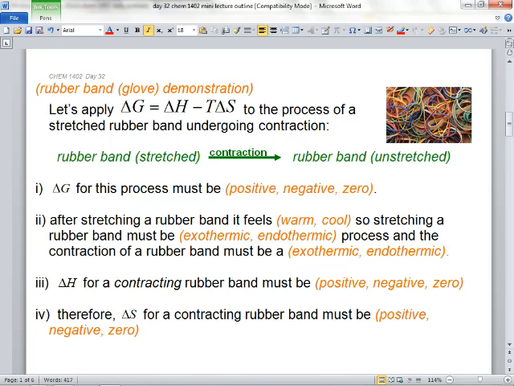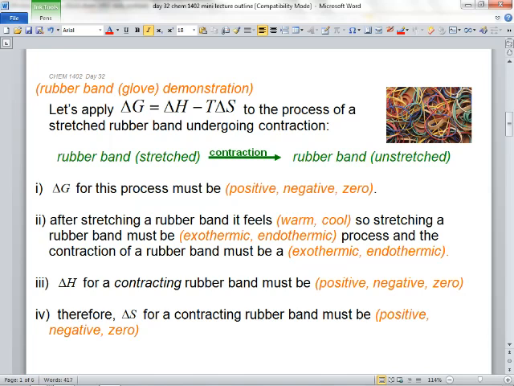So delta G for this process must be what? Positive, negative, or zero? Here's the initial, there's the final. Delta G for that process must be what?